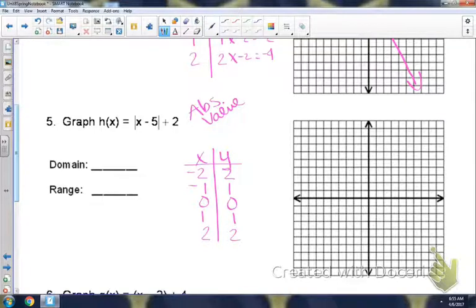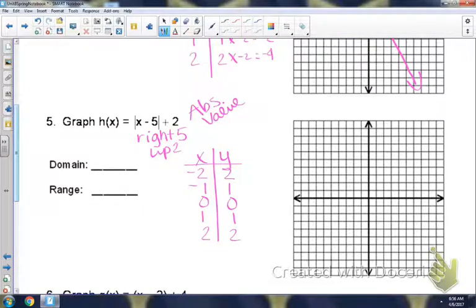Inside the absolute value, just like inside parentheses or under your square root, that's going to be a horizontal shift. If it's x minus 5, remember that's going to be a right. So we're going to the right 5. And then the plus 2 on the outside will be shifting up 2. Okay, so on your absolute value graph, you do have a 0, 0 point. That's the point of your V. So that's what we're going to be shifting.